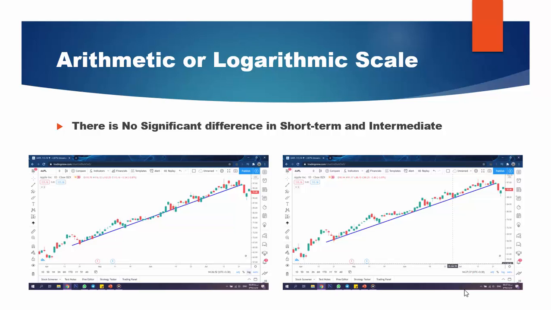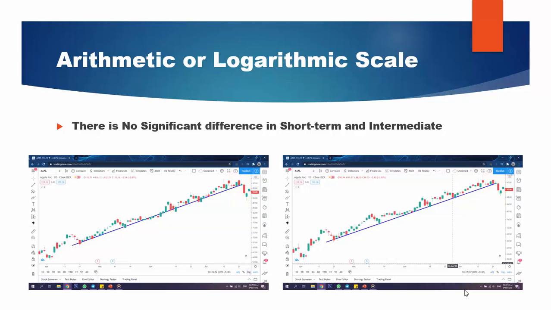I drew a trend line in logarithmic scale and then I changed the scale into arithmetic on the TradingView website. You can see that I didn't even need to readjust my trend line in the new scale and there is little difference between them. And the final breakout happens in the same candle.